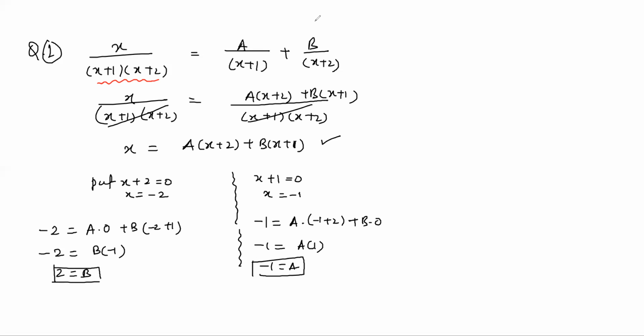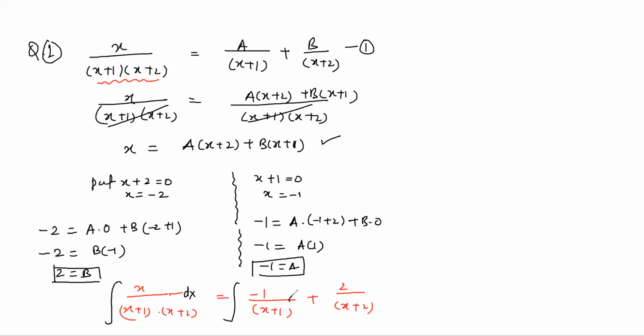Now put these two values in your equation number 1. So x upon x plus 1 into x plus 2 will be equal to minus 1 upon x plus 1 plus 2 upon x plus 2. Now my duty is to integrate this, right? So I'm writing the operator of integration here, here and here also.